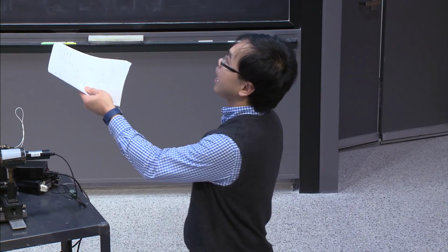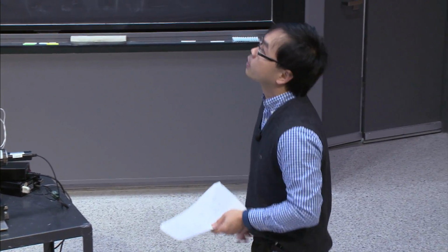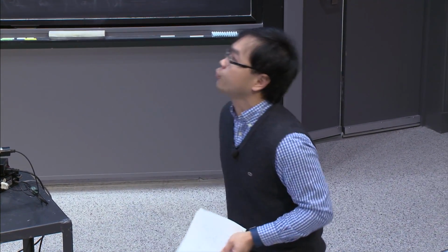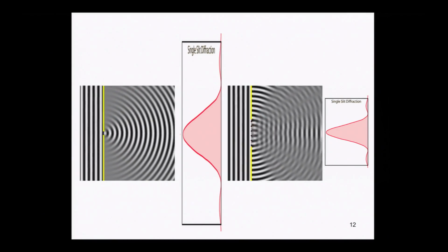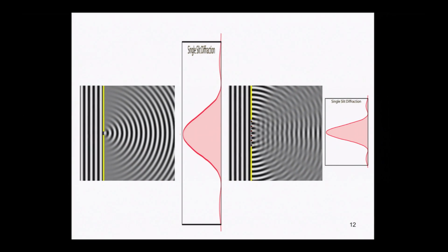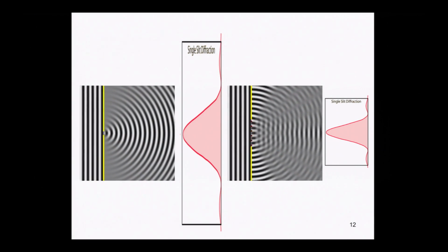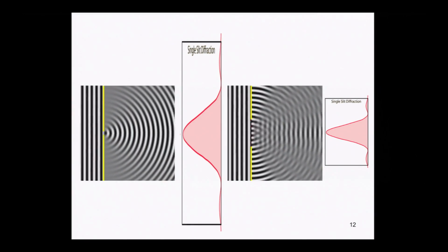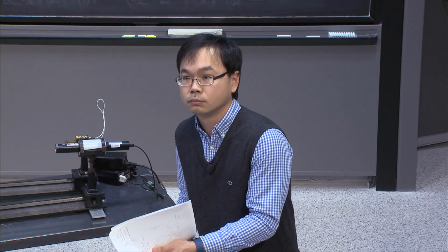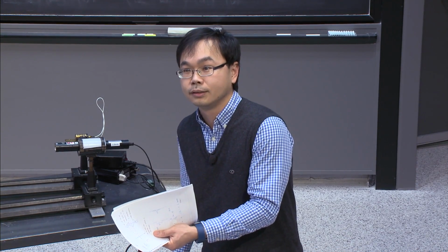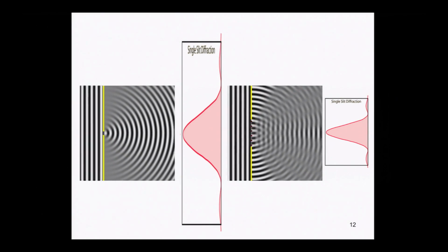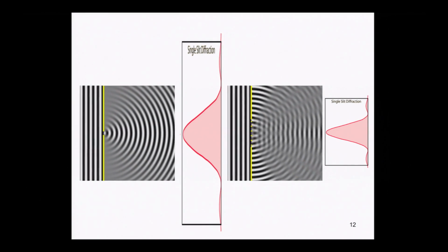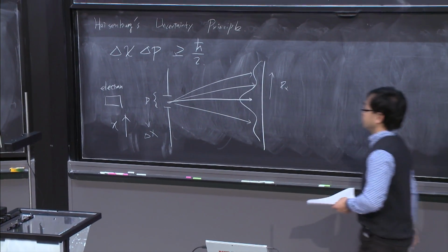Then what is going to happen? If you look at the right-hand side, the distribution on the screen, the central maxima peak will be very wide. That means you have a wide distribution of momentum in the x direction. That is consistent with Heisenberg's principle.